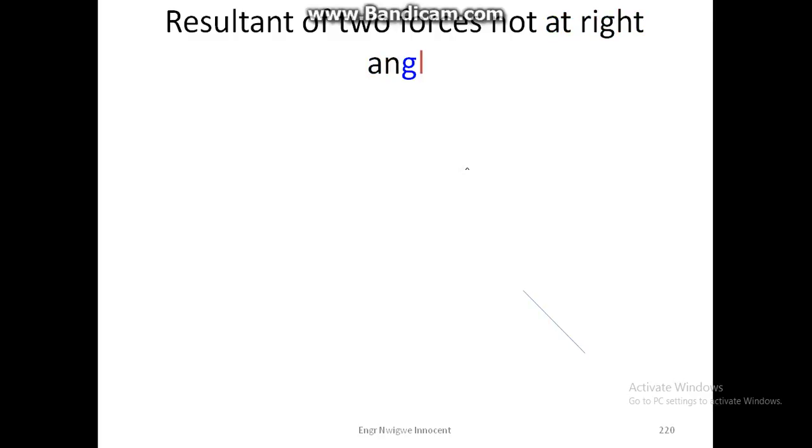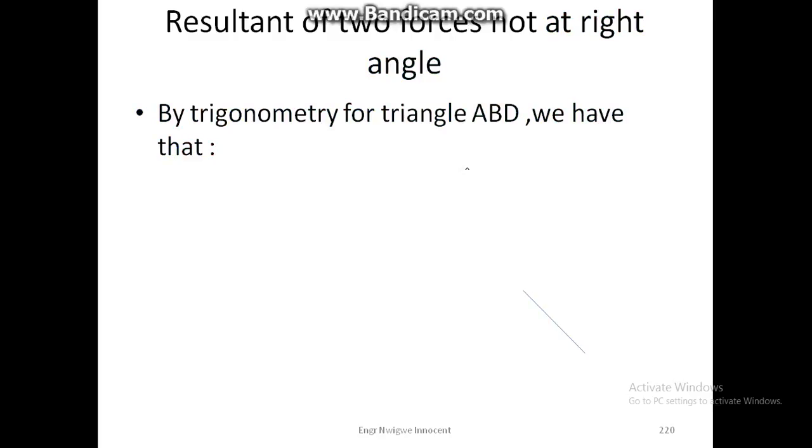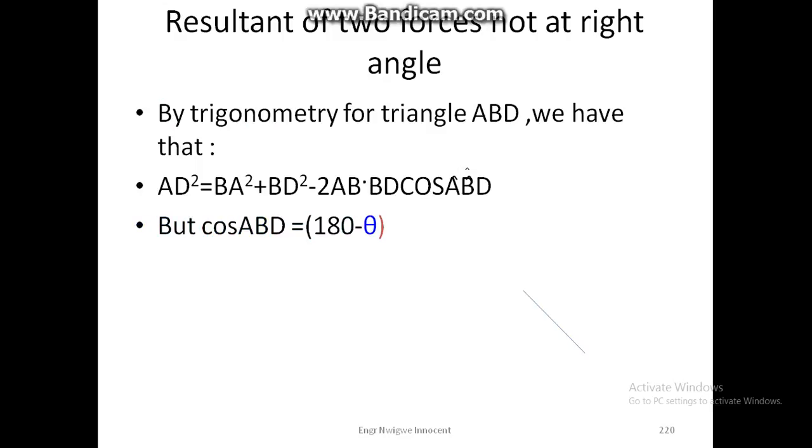Resultant of two forces not at right angle. By trigonometry, for triangle ABD, we have that AD squared is equal to BA squared plus BD squared minus 2AB times BD cos angle ABD. But cos ABD, that is cos of (180 minus theta), is equal to minus cos theta.